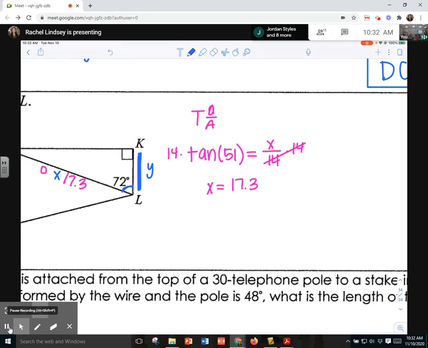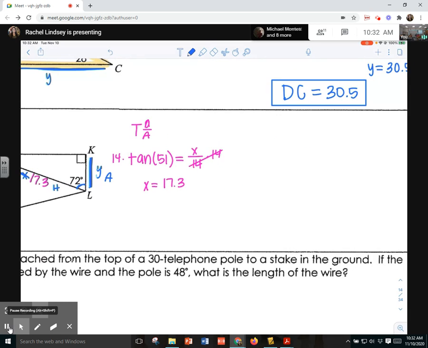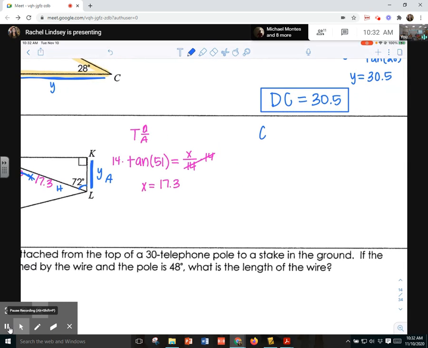Y would be adjacent, and 17.3, would that be opposite or hypotenuse? Hypotenuse. So I've got adjacent and hypotenuse, so that means I'm going to use cosine. So I have cosine of angle 72 equals my adjacent y over hypotenuse 17.3.